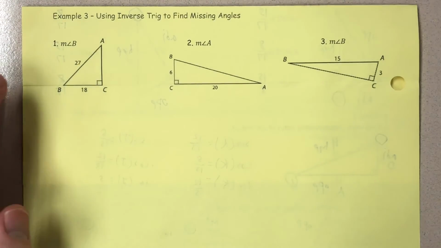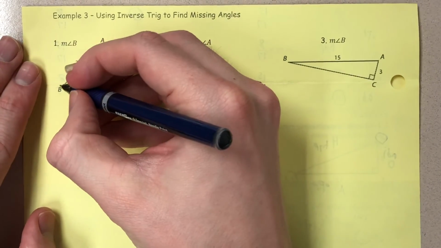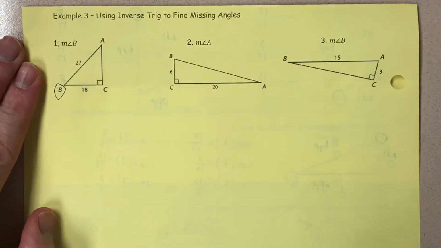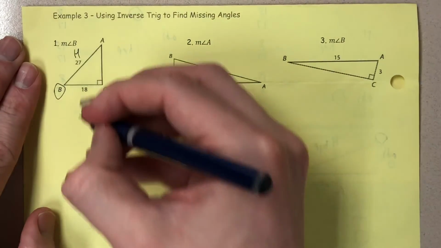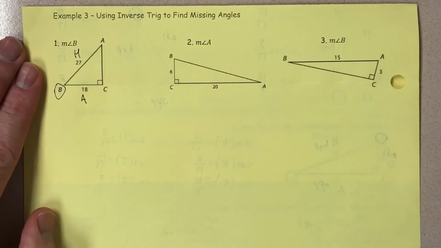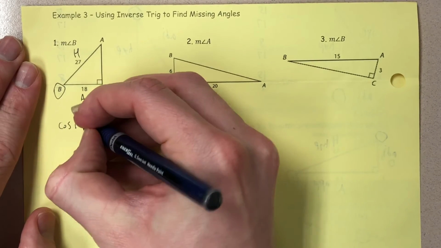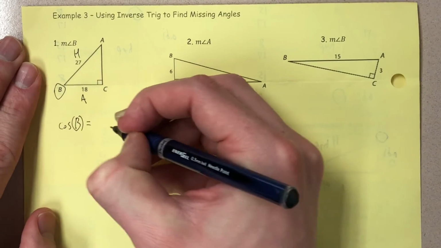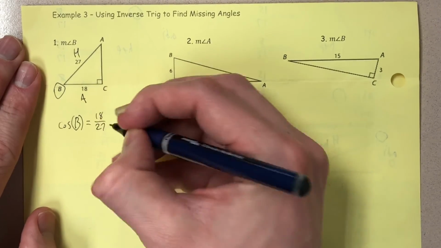So in this case, we need to make sure we're still circling our angle so we know what trig ratios to use. So this is angle B. So 27 is our hypotenuse and 18 is our adjacent. So cosine of B equals 18 over 27, right?